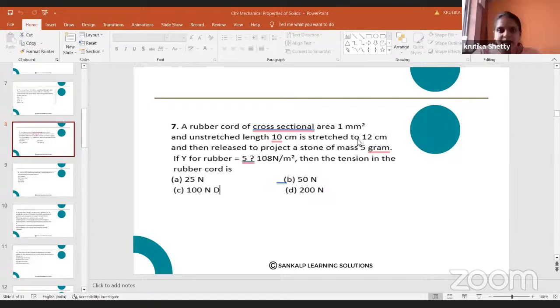so area is given, initial length is given, final length is given, mass is given, Young's modulus is given. Then we just require mg. Option C. Yes, it is 100. Yes, very good. Directly use the Young's modulus formula again and you can solve this.